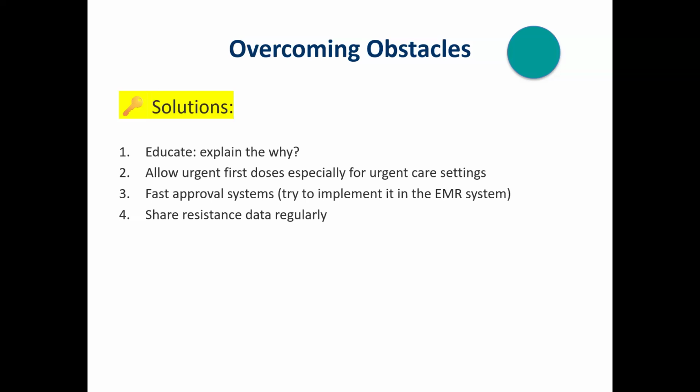Also, the hospital must develop fast approval systems, ideally integrated in the electronic medical records, so it will decrease the time for approval. Finally, sharing resistance data regularly will help the prescribers see the benefits, and see how the restricted policy will improve the resistance pattern.